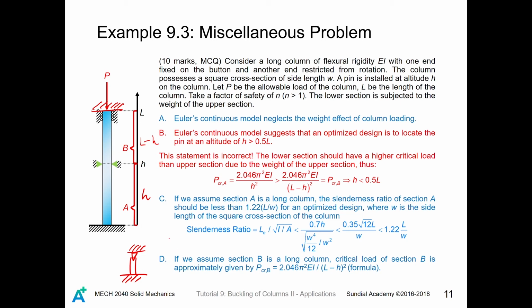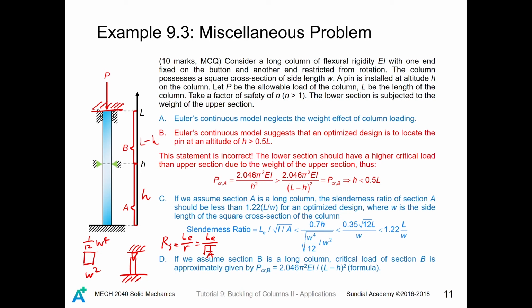The slenderness ratio, RS, is given by LE divided by r, which is equal to LE divided by the square root of I divided by A. But you know the moment of inertia of the square cross-section equals 1/12 of W to the power 4, while the area of this square cross-section is given by W to the power 2. So moment of inertia divided by the area will become something like this.